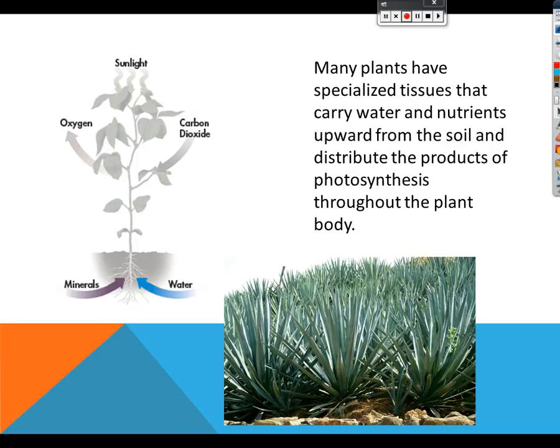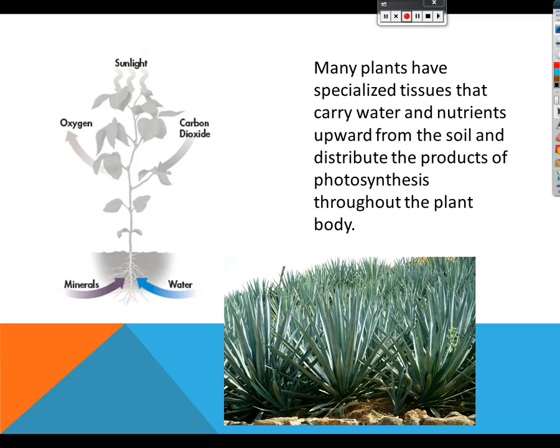Plants are also going to have those specialized tissues to carry water and nutrients up and down throughout the tree. Those specialized tissues are known as what? First one begins with an X, the other word begins with a PH.